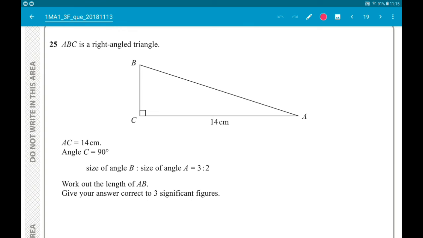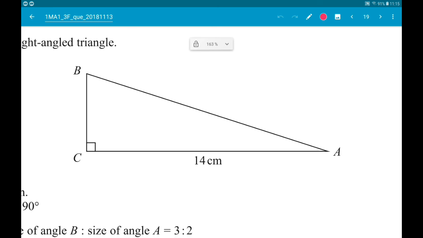Okay, so AB is this length here, so let's call it x. So, what we need to do is work out the size of either angle B or angle A. Then we will have one angle and one side. Then we can use SOH CAH TOA to work out what we want.